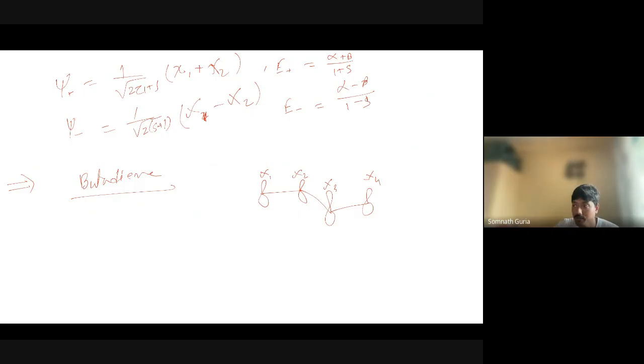Now the pi orbital will be written as C1 chi1 plus C2 chi2 plus C3 chi3 plus C4 chi4.